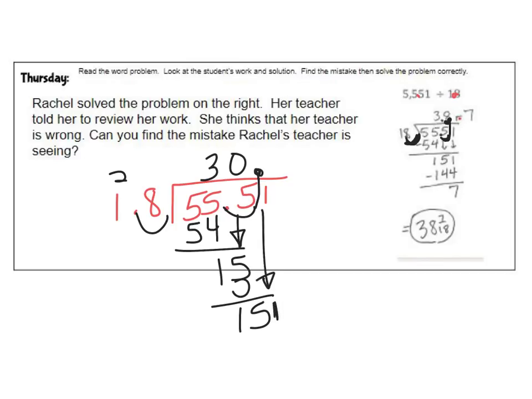So 18 into 151. We're going to go with 8. Let's see if that's correct. 8 times 8 is 64. 8 times 1 is 8 plus 4 is 14. So here your remainder is going to be 7.